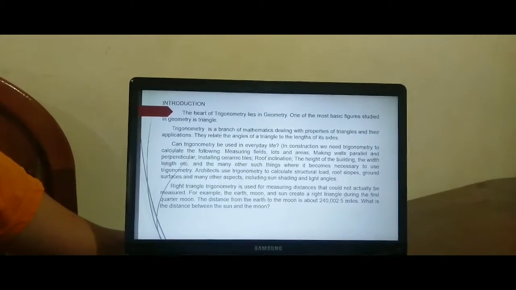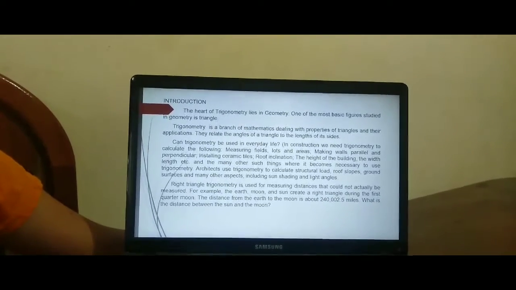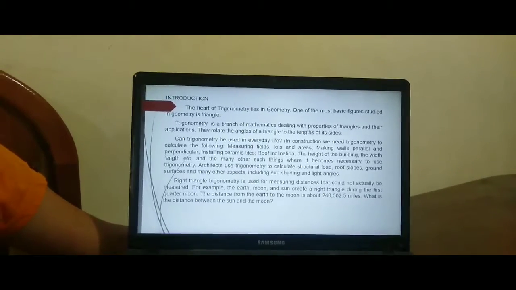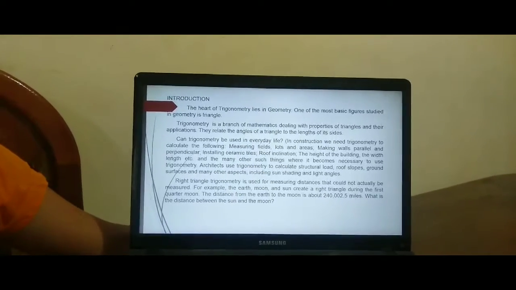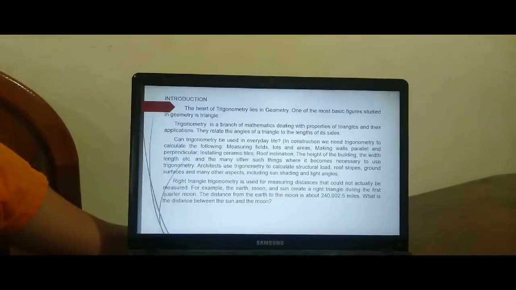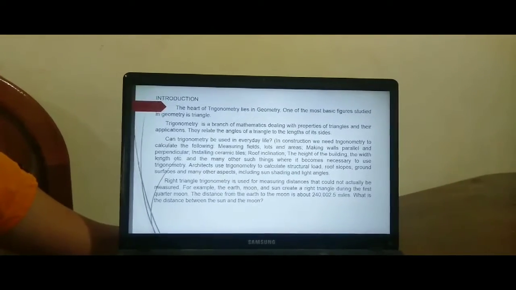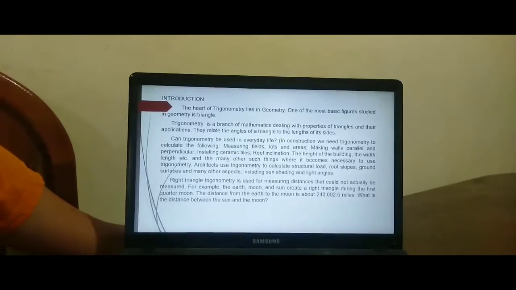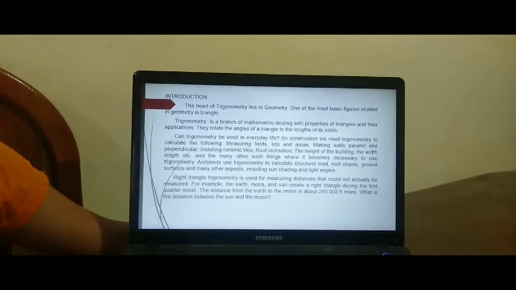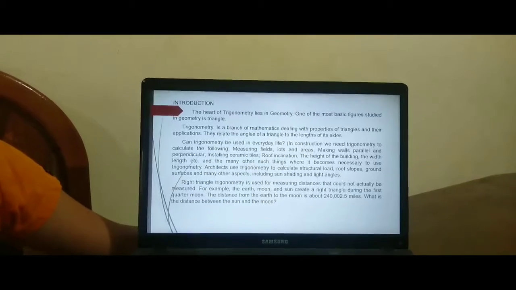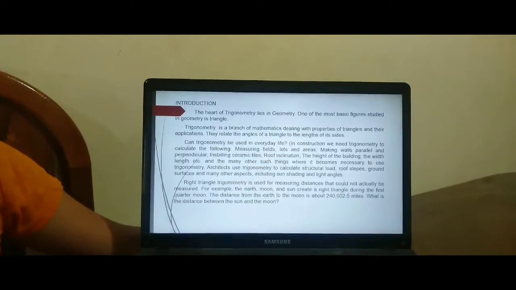In construction, we need trigonometry to calculate the following: measuring fields, lots, and areas, making walls parallel and perpendicular, installing ceramic tiles, roof inclination, the height of the building, the width, length, and many other such things where it becomes necessary to use trigonometry.